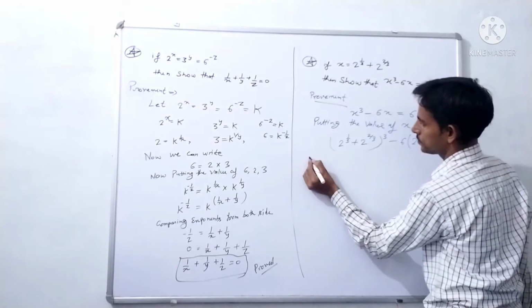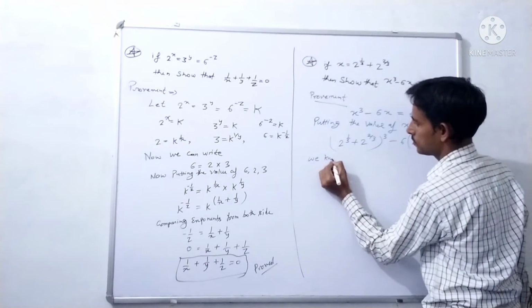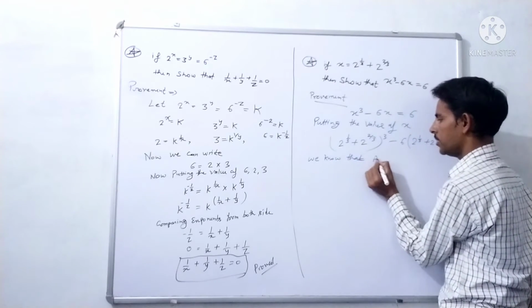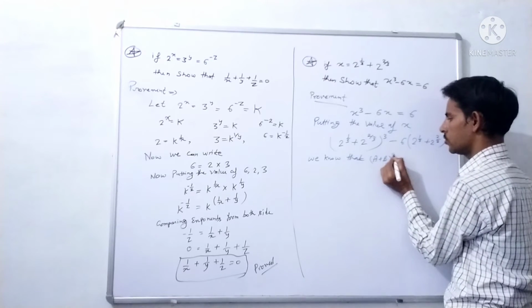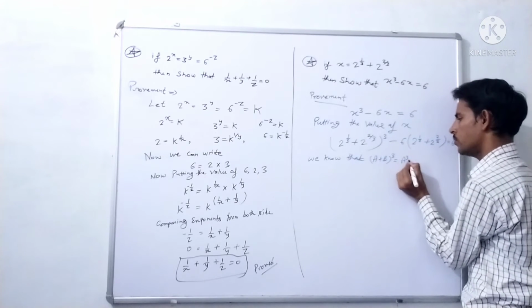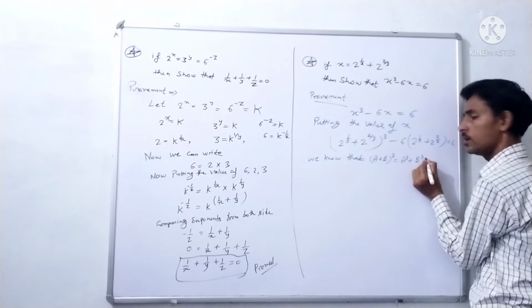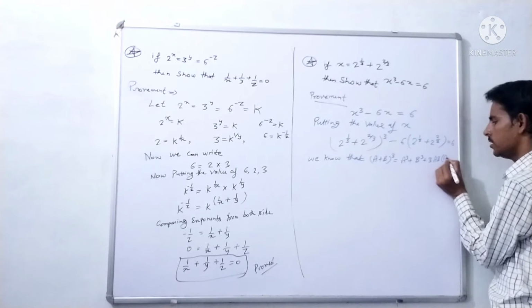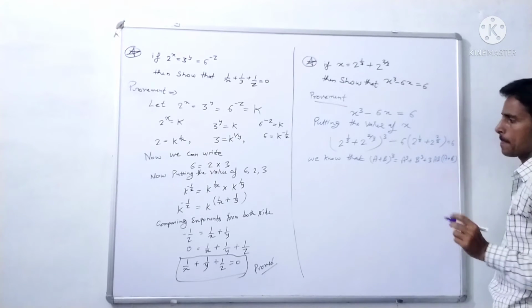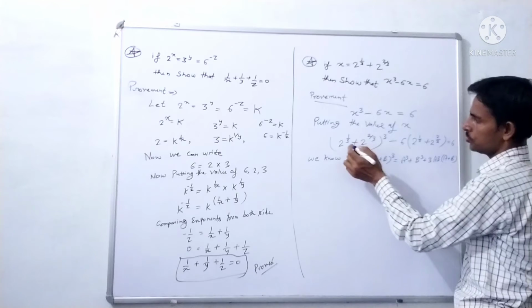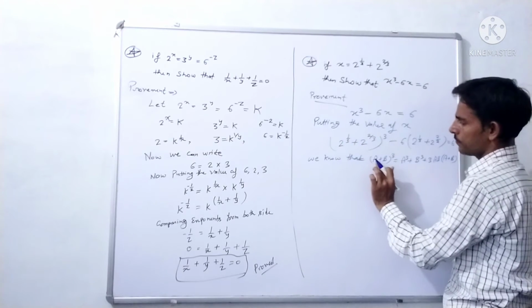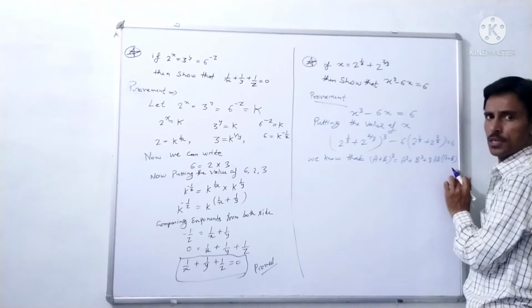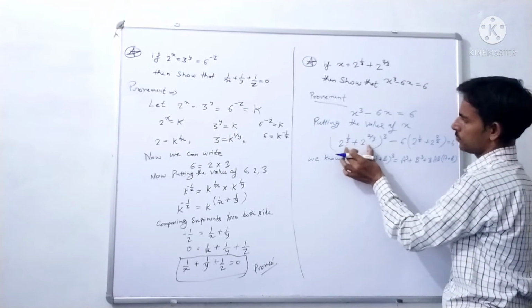We know that (a + b)^3 = a^3 + b^3 + 3ab(a + b). So we can write this value like this.